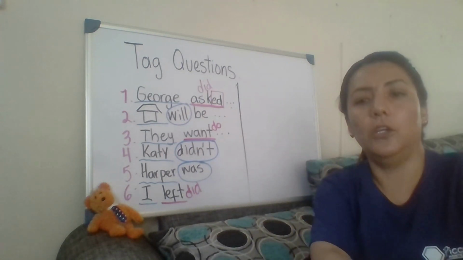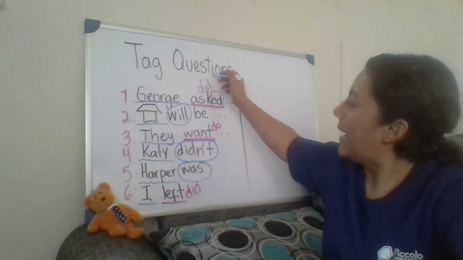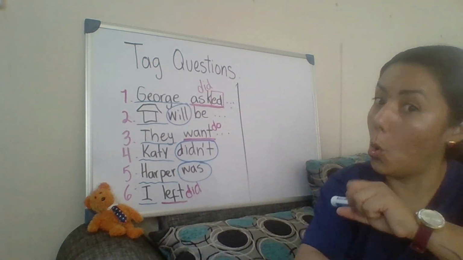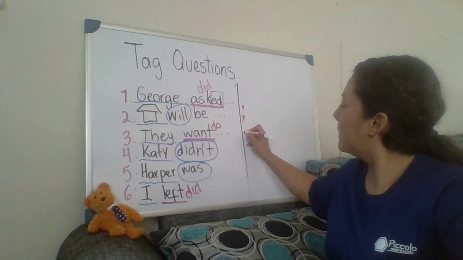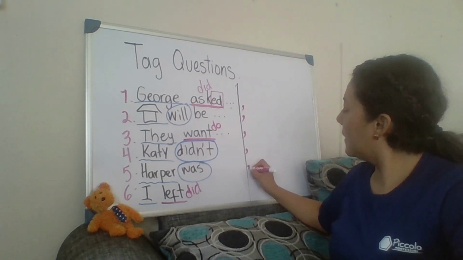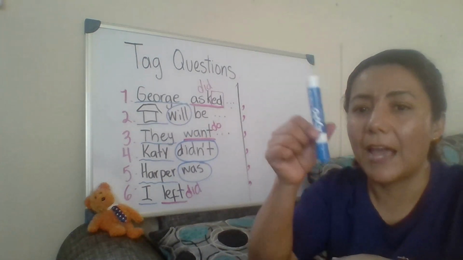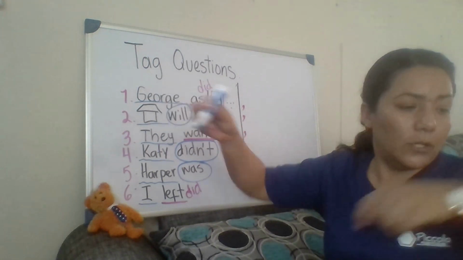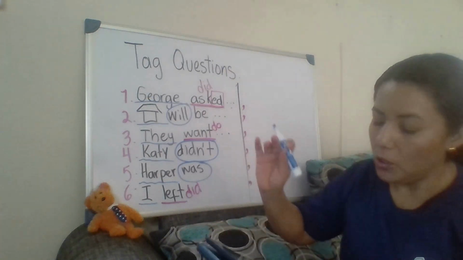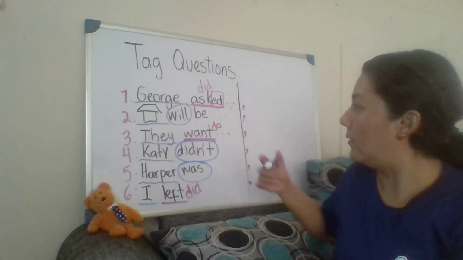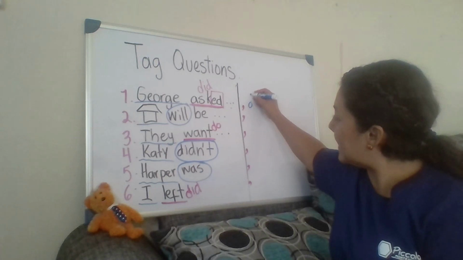Here we go. I'm going to use blue. I like blue. Okay. We said helping verb. Whoa, what are we missing? Comma. Now we are ready to write the tag questions. George, let me look at the book page. It says, George asked if he could leave on Saturday. Helping verb stays the same.